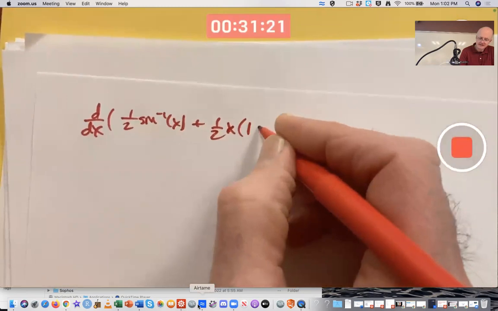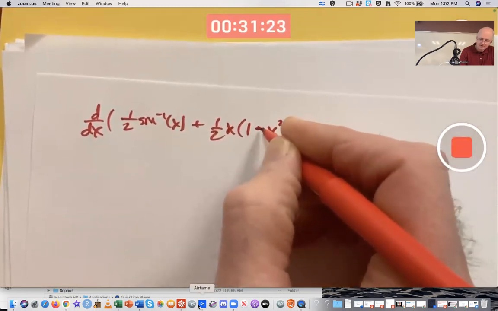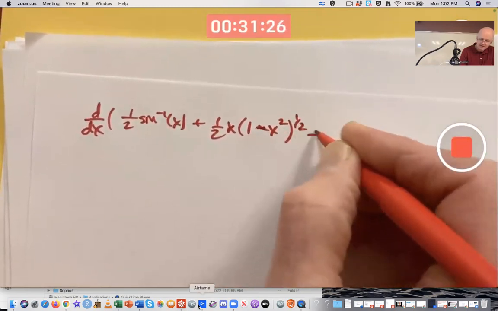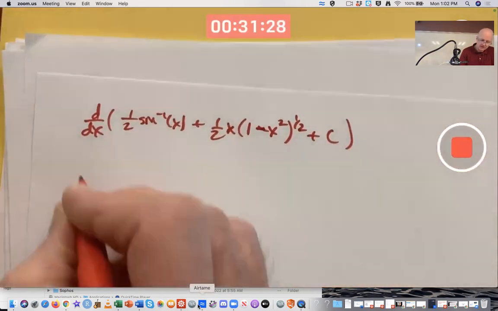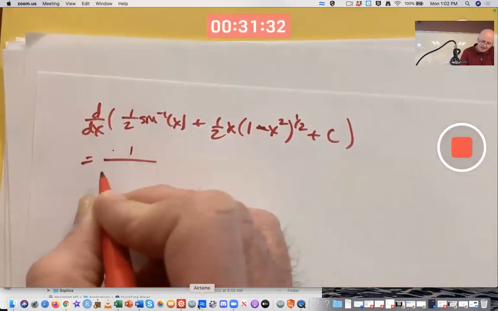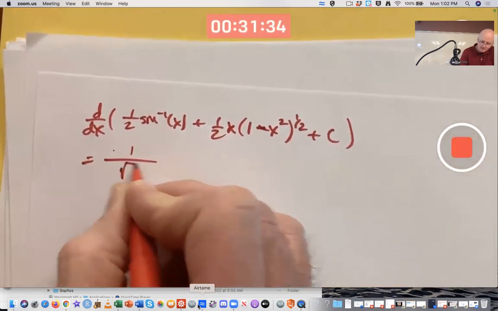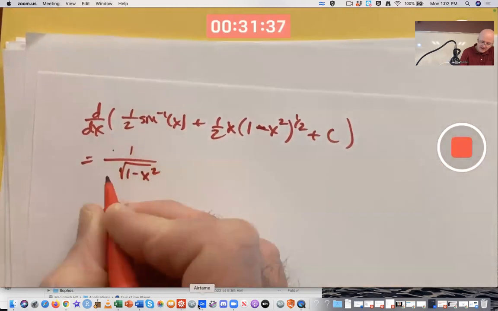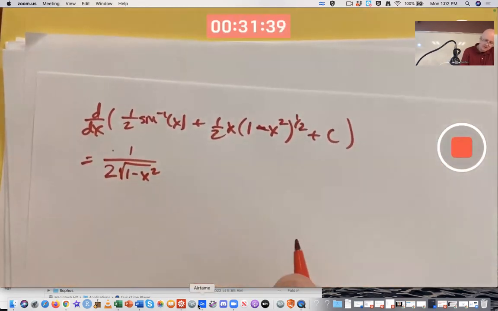I'll write it as 1 minus x squared to the 1/2 power, plus c, which will differentiate to 0. The derivative of inverse sine is 1 over square root of 1 minus x squared, but I also have the 1/2 in front, which can be brought down as a 2.